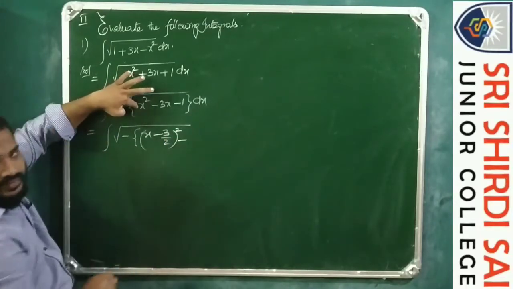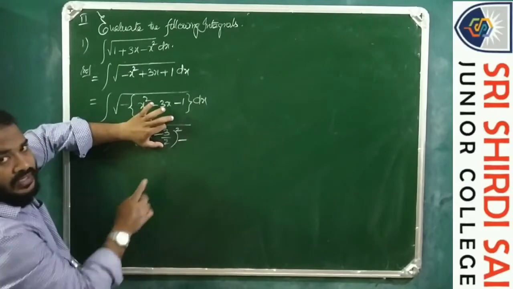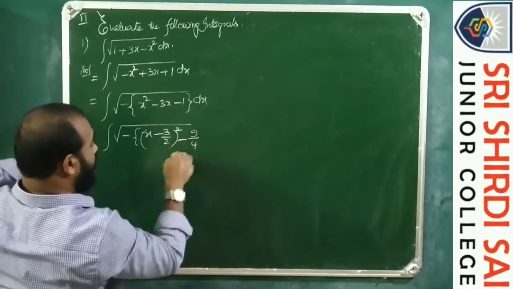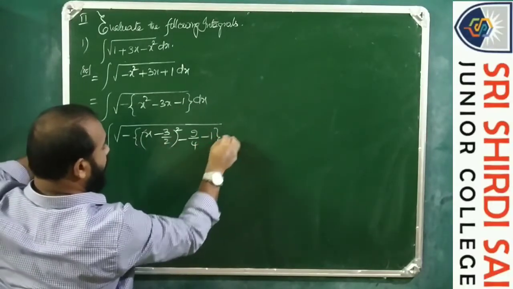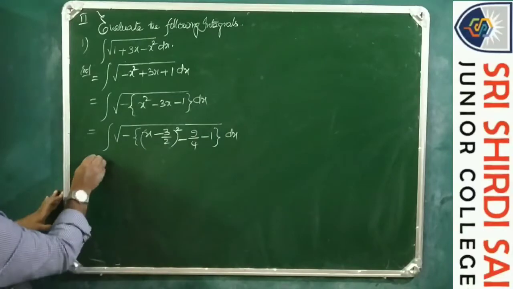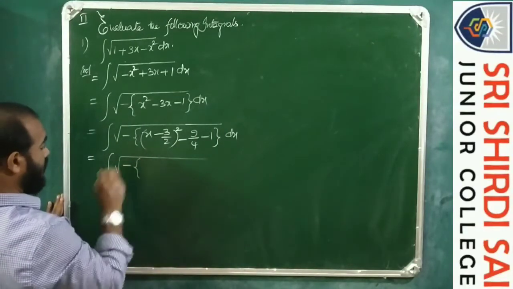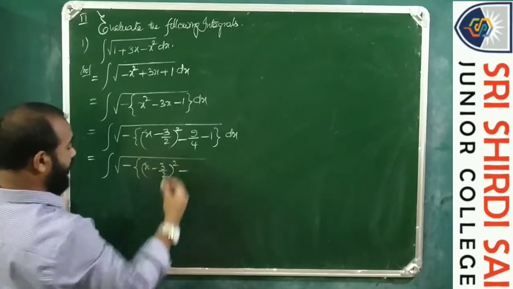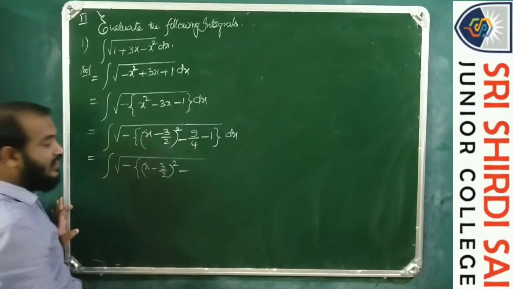Minus, we have to write outside. So whatever you have written here, its square. 3 by 2 whole square is 9 by 4, minus 1, in the same integral dx. So this is equal to the square root of minus of (x minus 3 by 2) whole square, minus 4 ones are 4, minus 9 minus 4 is minus 13.